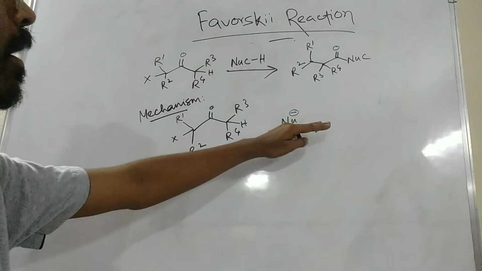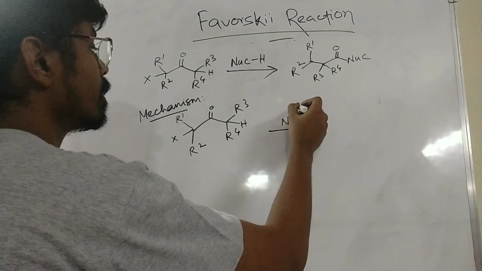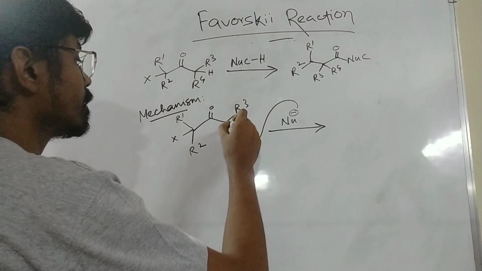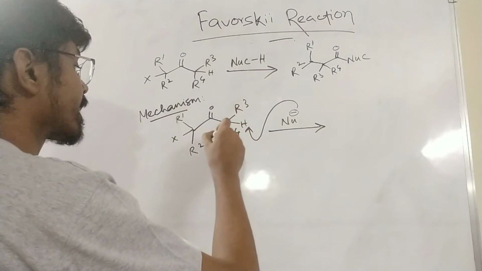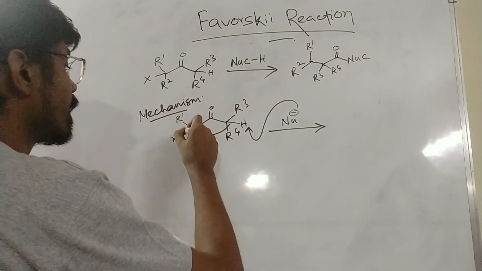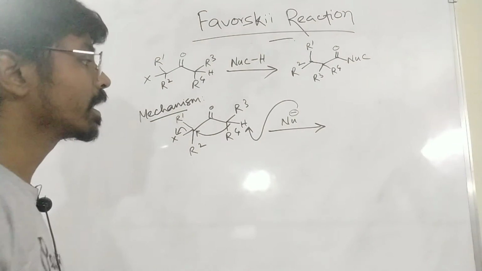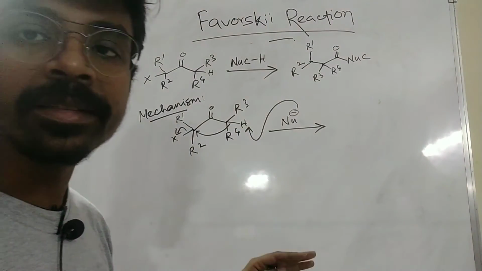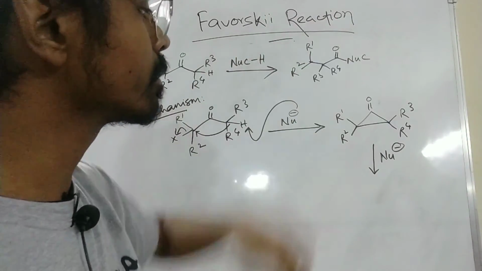Now if we apply a nucleophile here, the nucleophile will abstract the proton here, then the negative charge will attack this position and the halide group will eliminate. So here the key step is the formation of a cyclopropanone ring as intermediate, which is the intermediate of the Favorskii reaction.